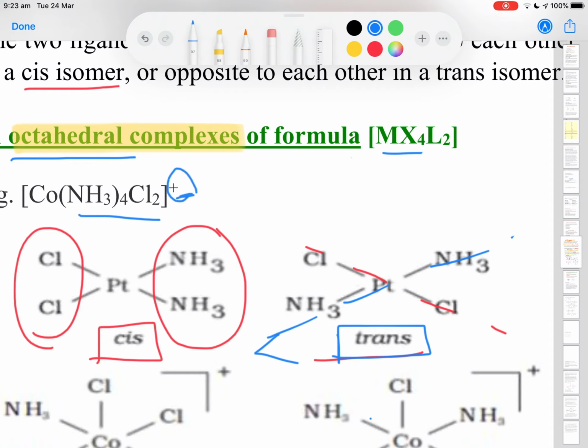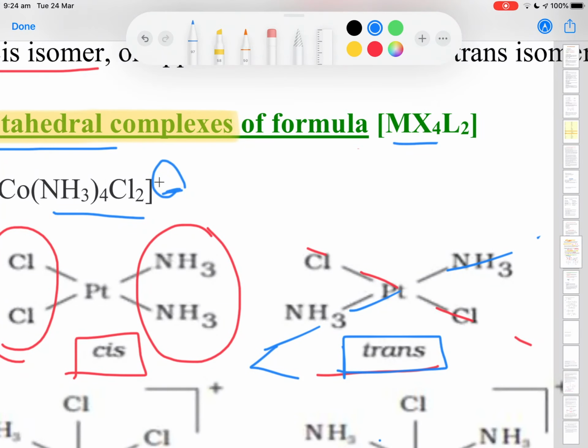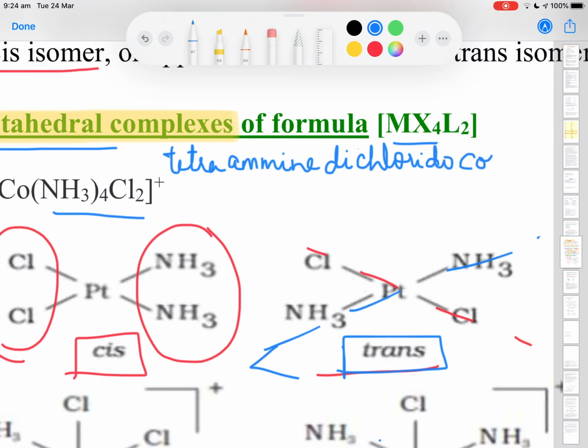So we'll start writing the name with the help of ligands, amine and chlorido. It's 4, so we are going to use tetra as a prefix. So here I'm going to use tetraamine, right? Tetraamine, dichlorido, because there are 2 atoms of chlorido ligand. What's the metal atom? It's cobalt.